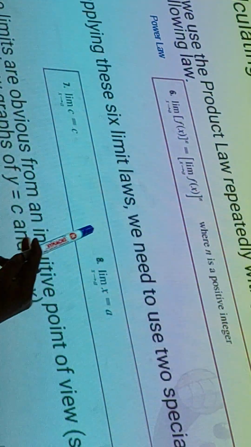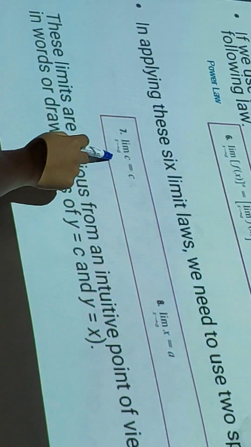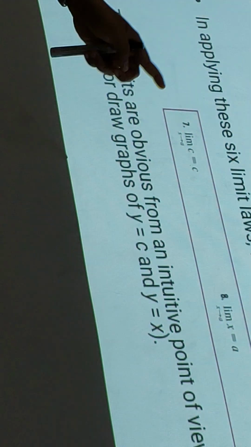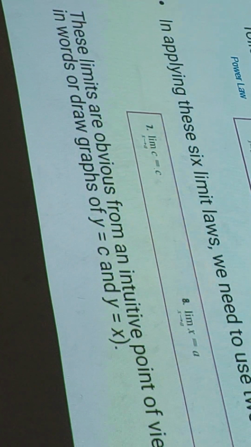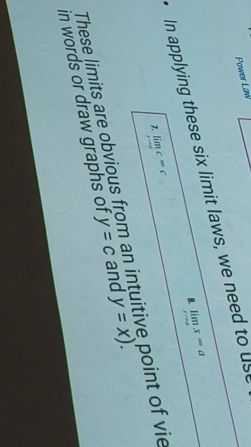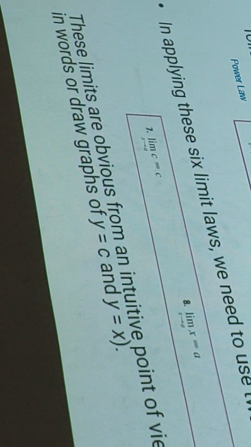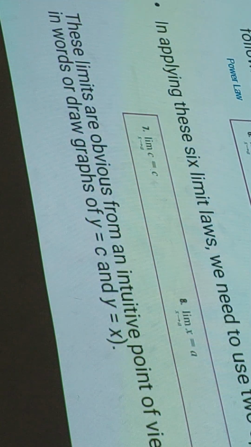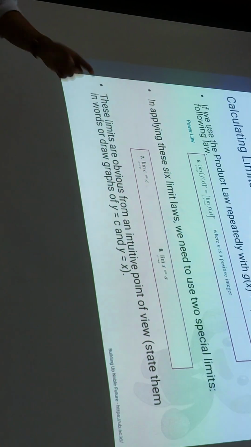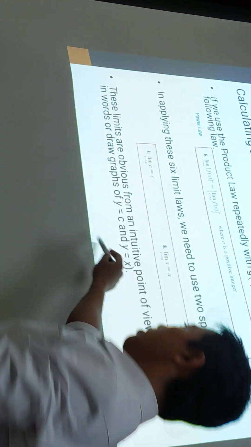And then, for applying this law 6, we need to use 2 special limits: limit x to a of c equals c, and limit x to a of x equals a. These limits are obvious from an intuitive point of view; in other words, draw the graph y equals c and y equals x.